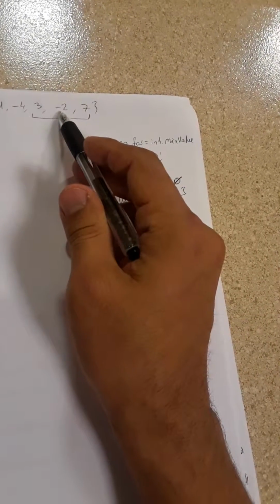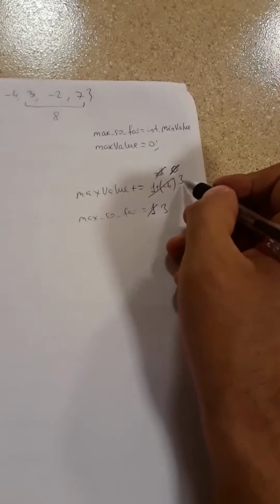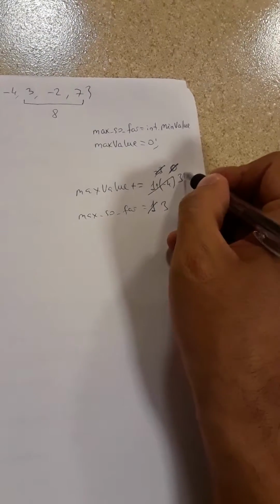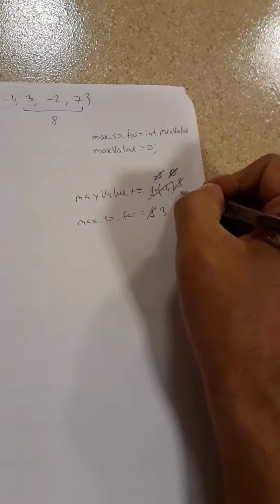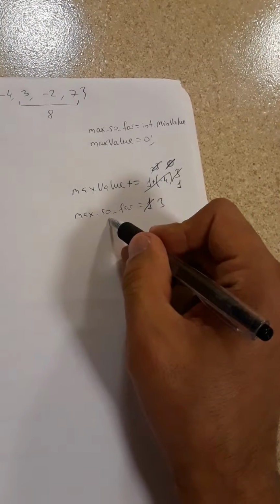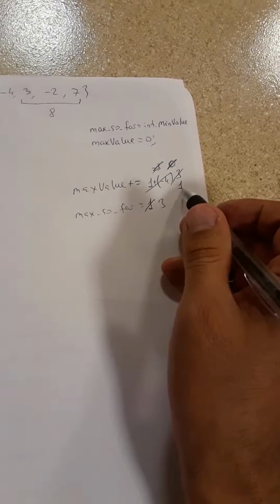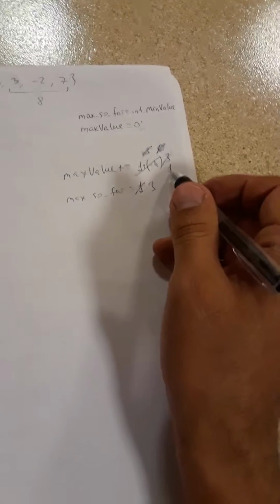We see that it's -2, so -2 plus 3 will make our max value equal to 1. Is it greater than max so far, which is 3? It's not, so we are just checking if it's negative or not. It's not, because it's positive. So we go to the next element.